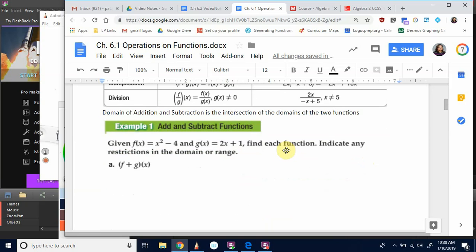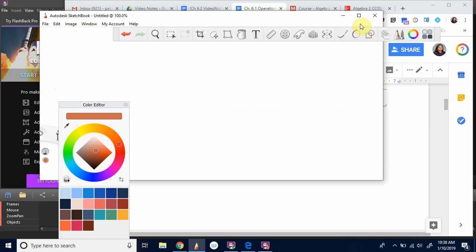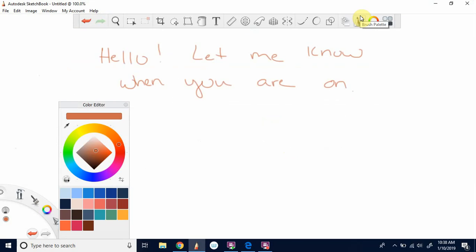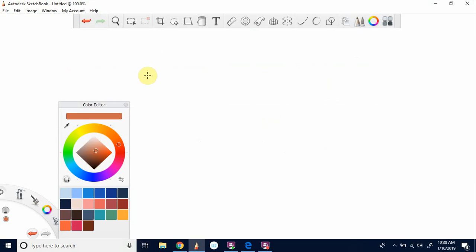So let's look at example 1. Example 1 gives us f(x) equals x squared minus 4, and g(x) equals 2x plus 1. Let me extend this and move this over. Okay, so basically we're saying f(x) plus g(x) equals, so what is f of x? f(x) is x squared minus 4.